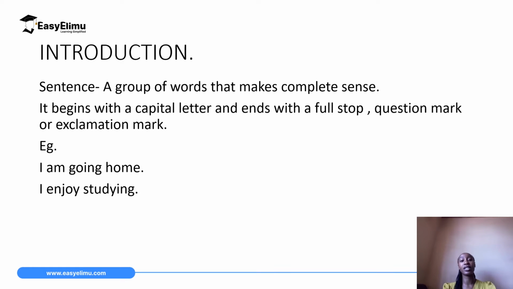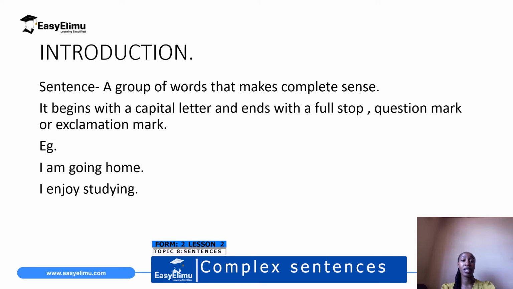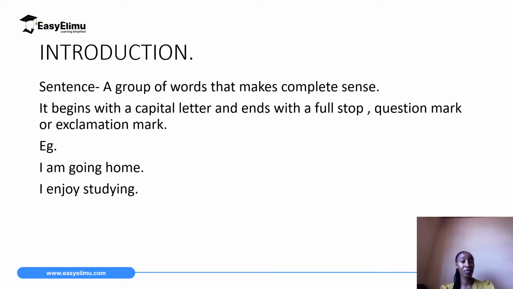So before we get into it, it is important to remind ourselves what a sentence is. And we said a sentence is a group of words that make complete sense. We also said that a sentence begins with a capital letter and ends with either a full stop, a comma, or a question mark.